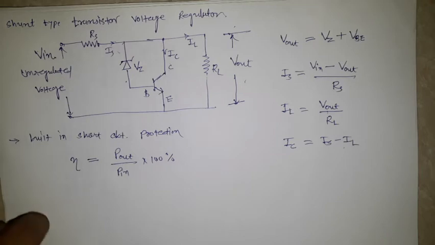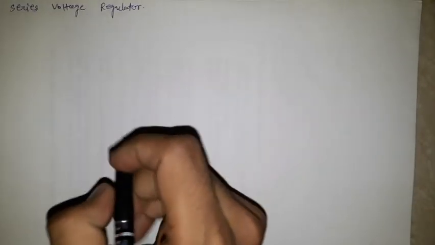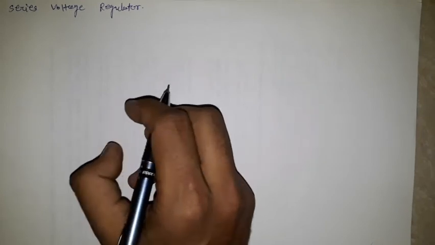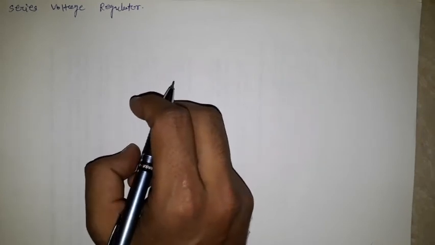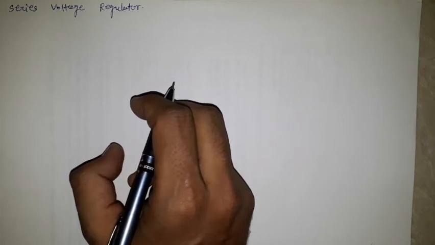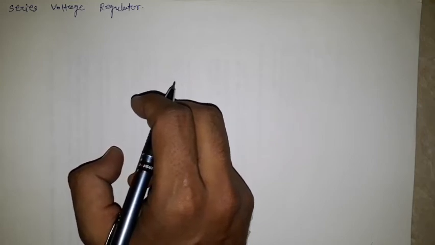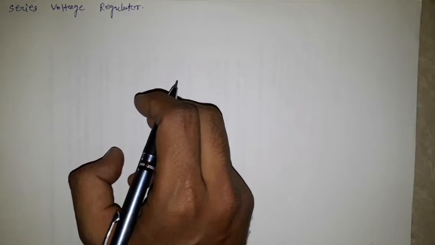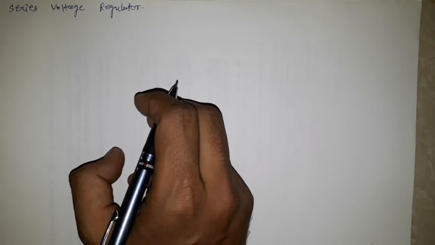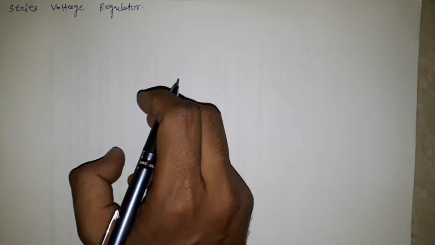Now we will discuss the series voltage regulator. But before starting this, first we will see the disadvantage of a shunt regulator, which is its low efficiency. In the previous case we have seen the shunt regulator, but one of its main disadvantages is its low efficiency caused by a large power loss in the series resistor.